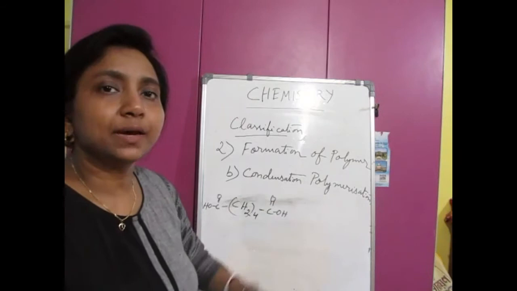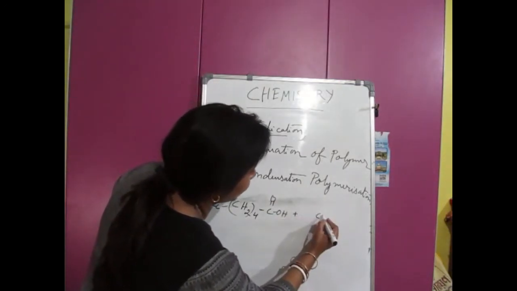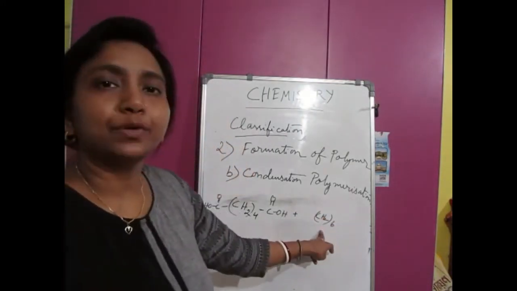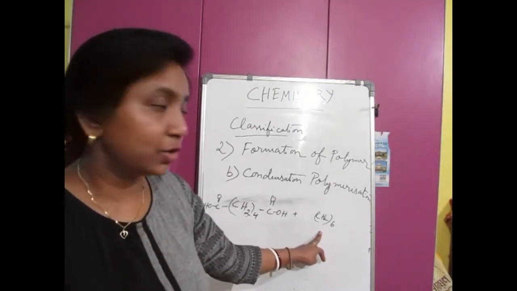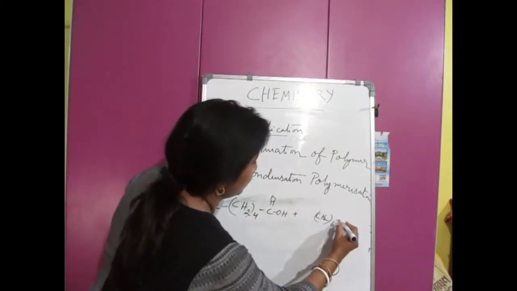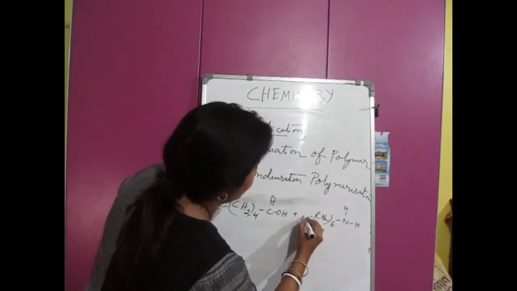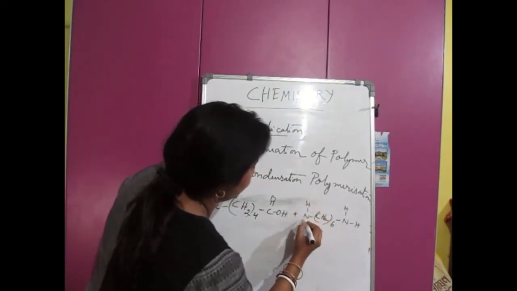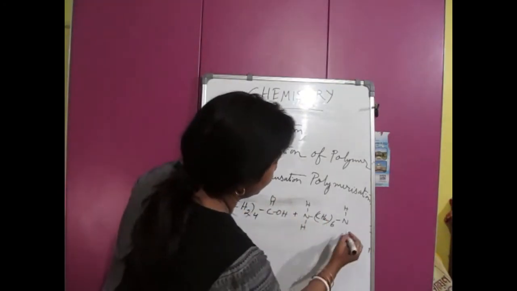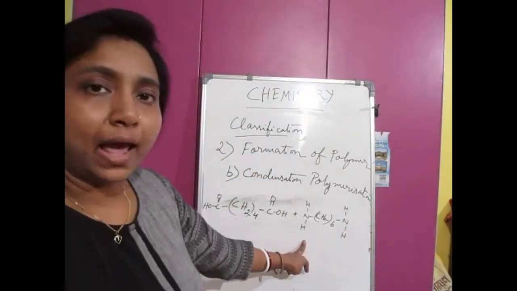Now plus hexamethylene diamine. So we have to take 6 methylene groups. Now diamine, that means 2 amine groups. So what happens?